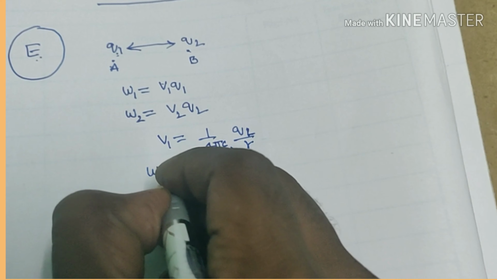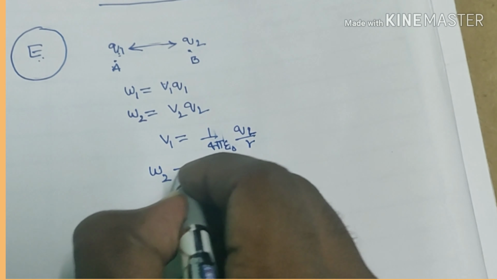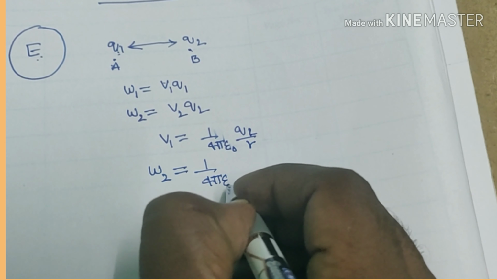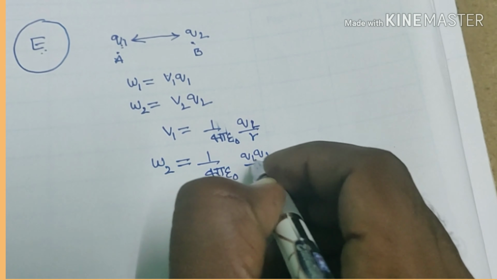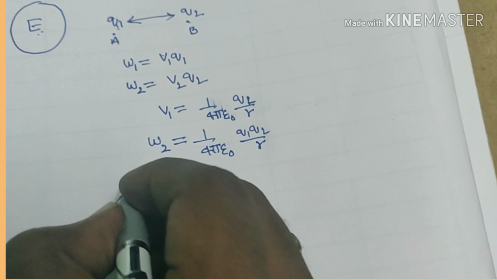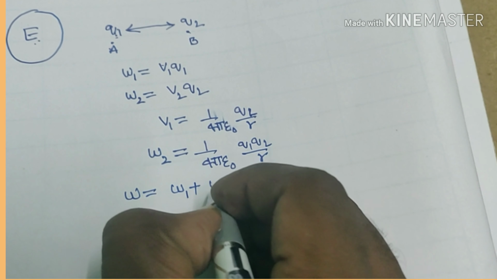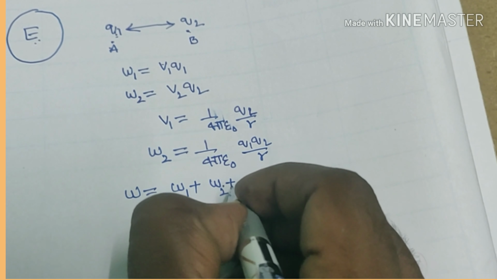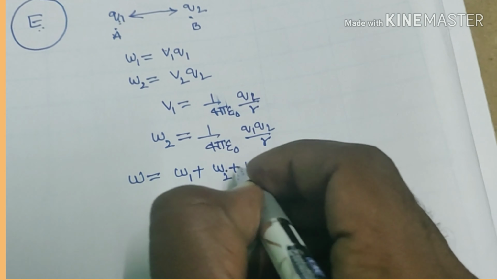So the work done against the point charge is 1 by 4 pi epsilon naught Q1 Q2 by R. The total work, W equals W1 plus W2, where W1 is due to the external field and W2 is due to the charge.